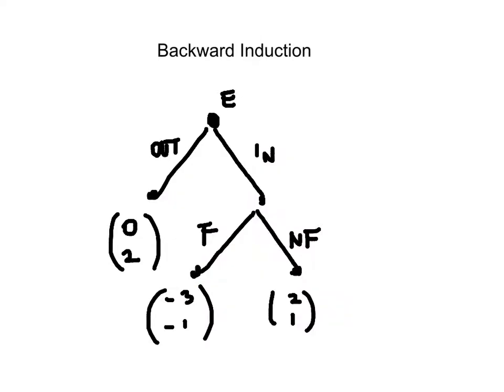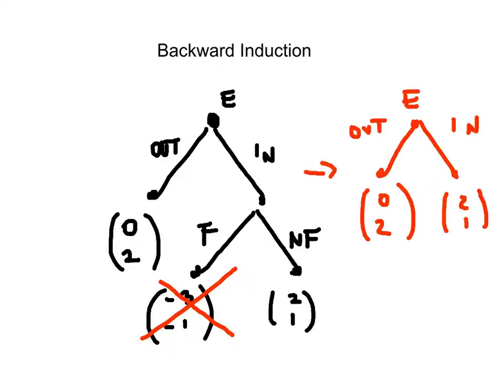Now here is a solution technique. You focus on the last decision node and you eliminate the strategy which is not credible. Here in this case, fighting, right? And what you can then do is replace the node by the payoff associated with the strategy that remains, namely non-fighting. And so the game becomes, in its reduced form, the following, right?